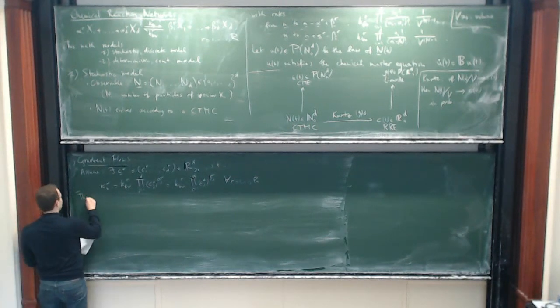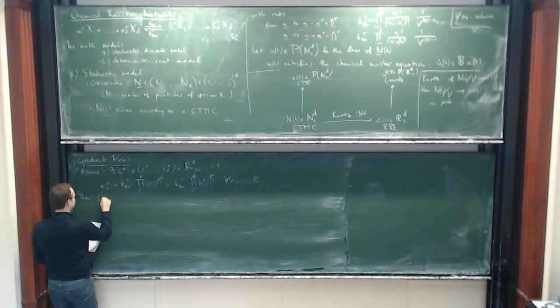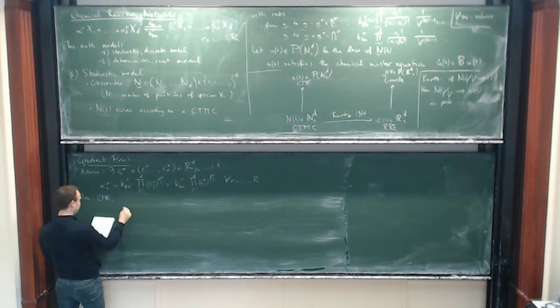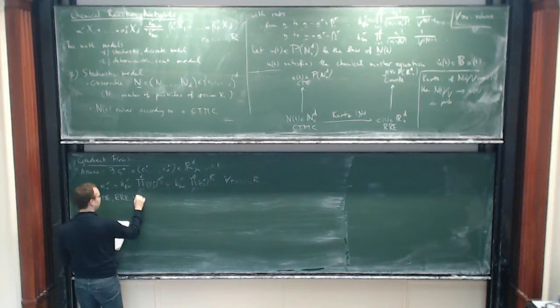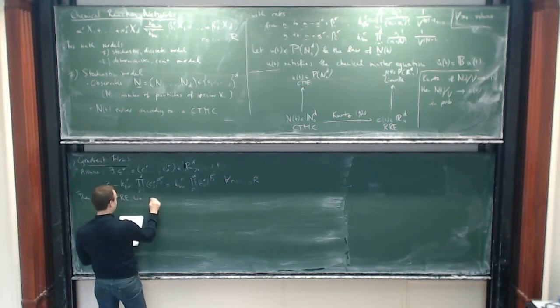So then actually this chemical master equation has a gradient flow structure. The reaction rate equation and also this Liouville equation all have gradient flow structures.